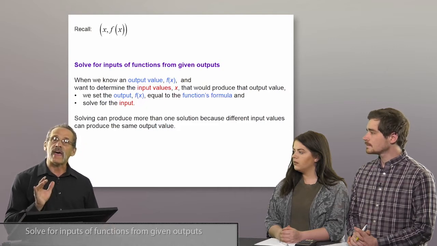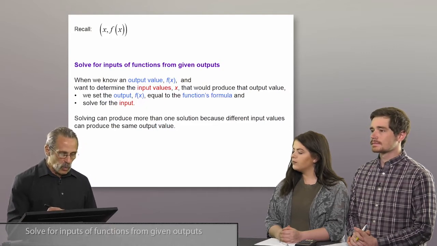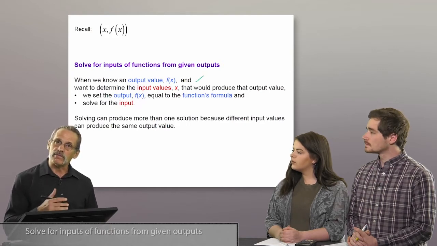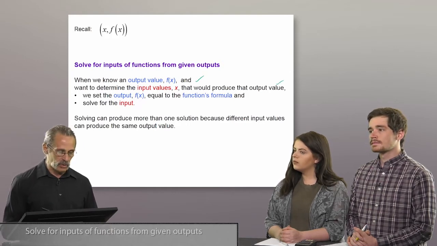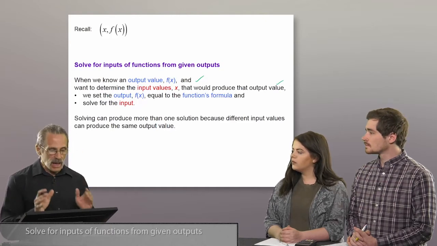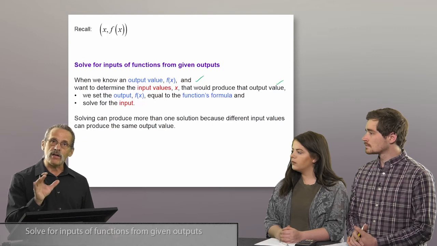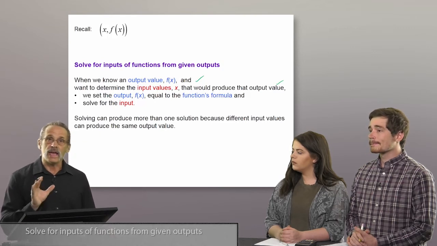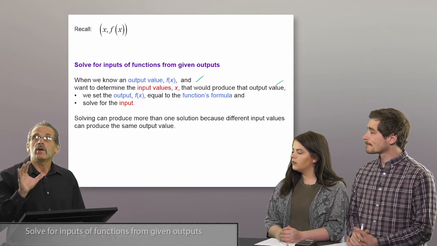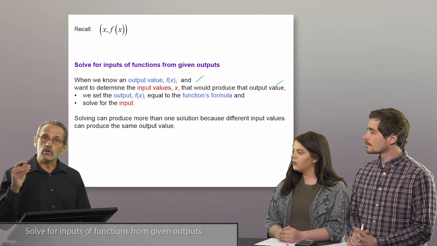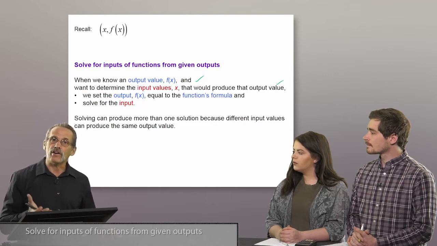What this means is that we know an output value and we want to determine the input value that gives that output value. We'll give you a formula for a function, and you'll set that output value equal to the formula and solve for x. And bear in mind, you can end up with several solutions because an output could correspond to several inputs with a function.